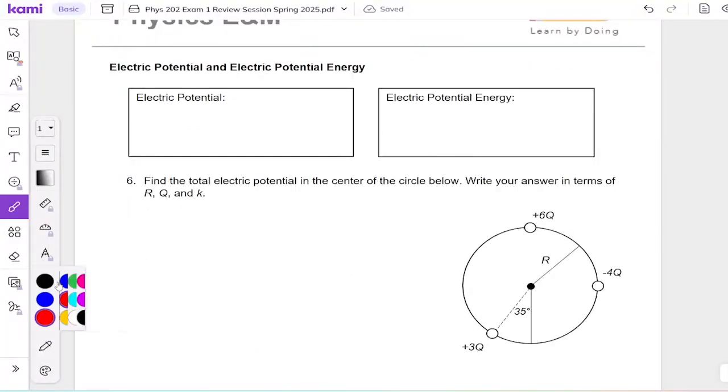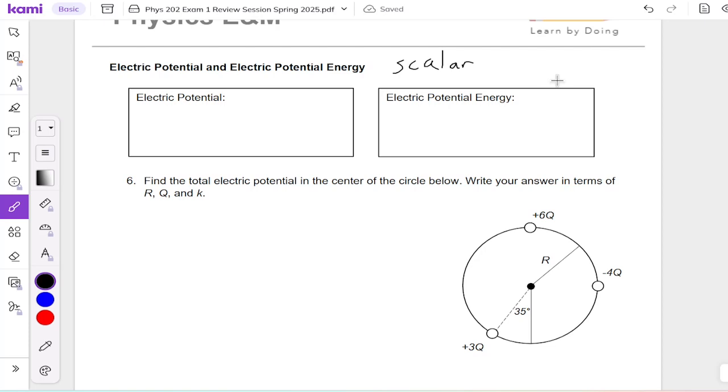And with that, we're going to take a break from electric forces and fields and move on to electric potential and electric potential energy. Here's the big difference between the two, okay? Everything we just talked about earlier today, that was a vector. It had both size and direction. Electric potential and electric potential energy, these guys are scalars. They just have magnitude, they don't have direction.